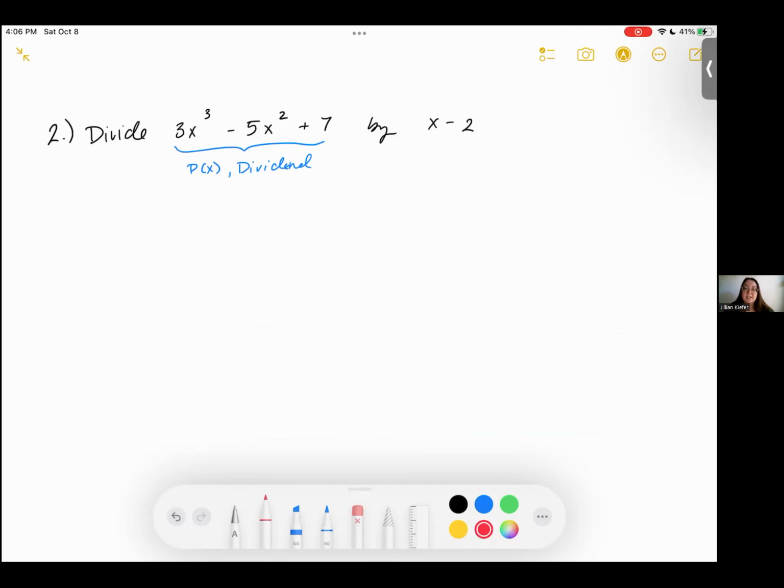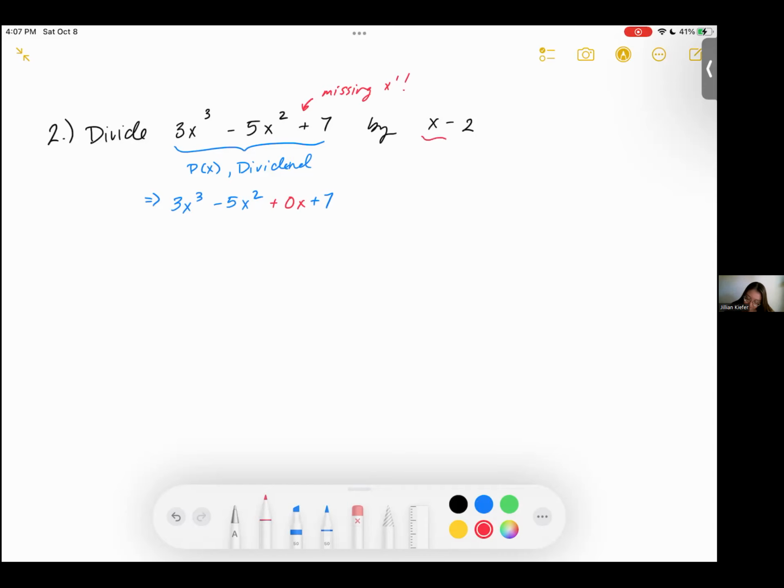We are missing the x to the power of 1 term, which means we're going to fill it in with a 0. So this means our dividend is really 3x to the power of 3 minus 5x squared plus 0x plus 7. So we fill in that missing term.